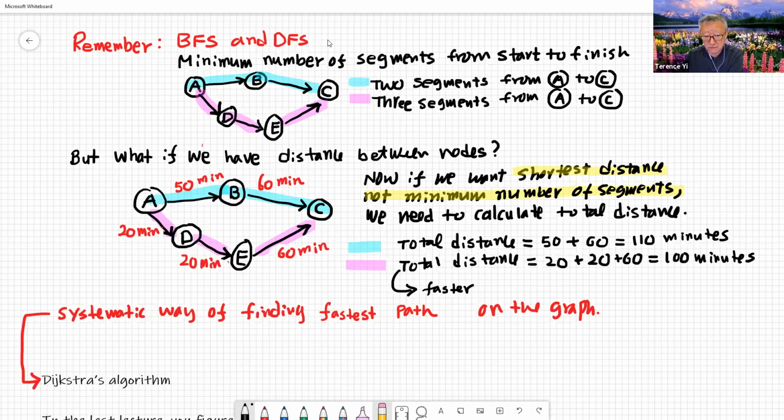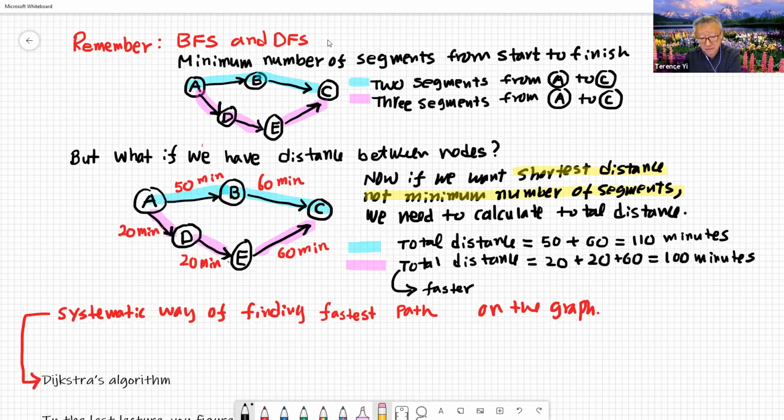For example, on the same blue path, going from A to B takes about 15 minutes, and then from B to C, it takes about 60 minutes. So going from A to C, if you take the blue path, it will give you 110 minutes. On the other hand, if you take the purple path, let's say A to D is 20 minutes, D to E is also 20 minutes, and E to C is 60 minutes.